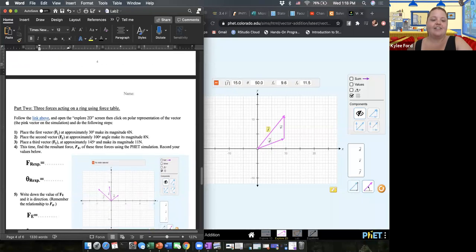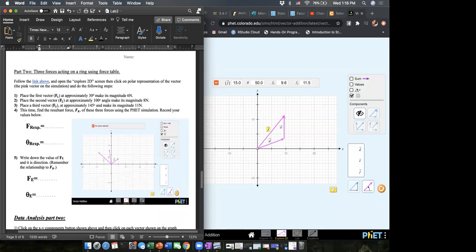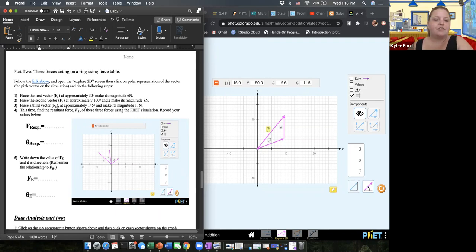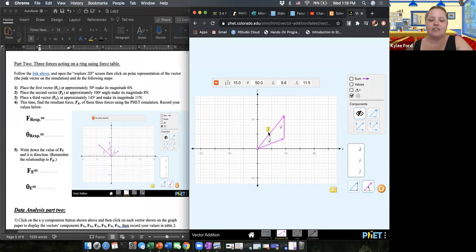Okay. So this second part is similar, but now we will have 3 vectors. Look at that. I can mute them myself. All right. So new information. Okay, so you're gonna do the same thing again, but now with 3 forces.